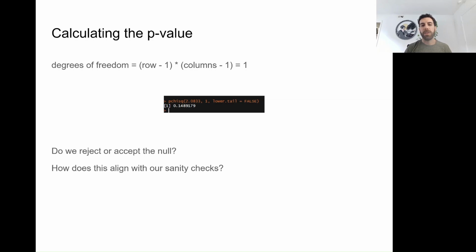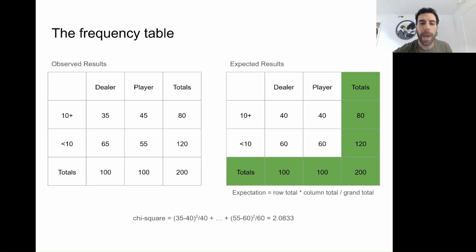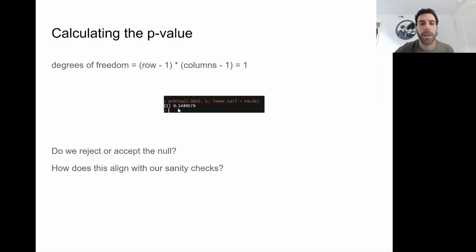So how does this align with our sanity checks? Well, if we go back to the table, we did notice a difference, right? There's some indication that the player is getting better cards than the dealer. And this seems like a contradiction based on the outcome of the test, but our p-value is essentially 15%.